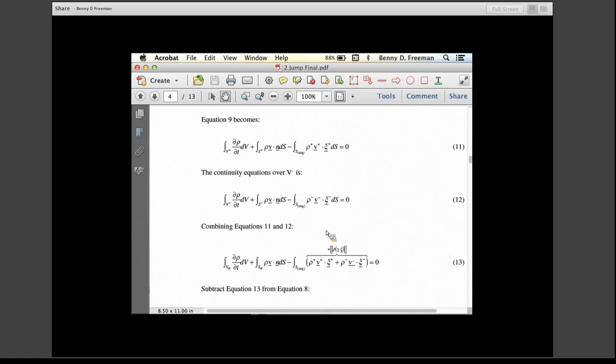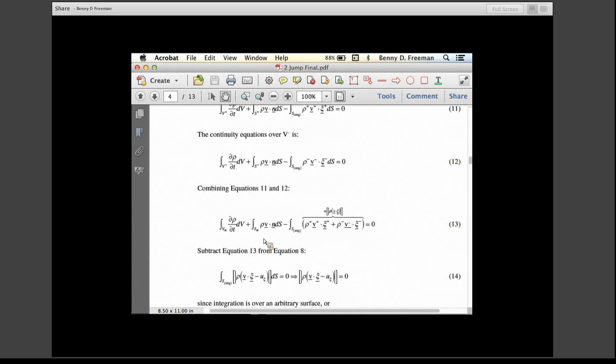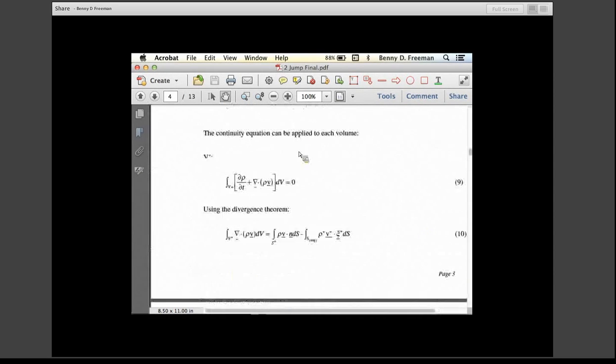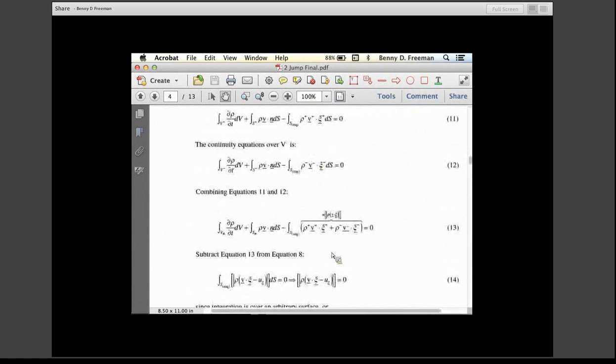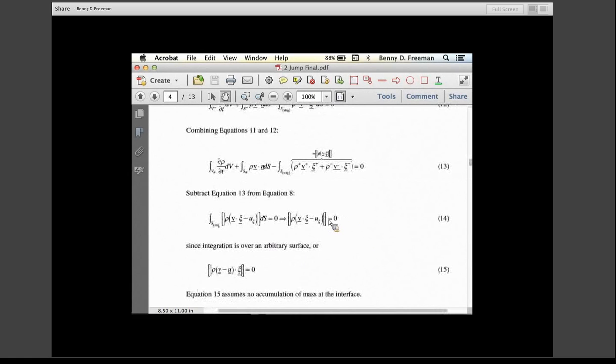Essentially we'll have two terms that go away when I take this result and subtract it from my jump mass balance, as shown here, over the entire material volume. And what I'm left with is this integral over that interfacial area of the density times the velocity relative to the piece of the velocity that's directed into the material volume minus the interface velocity.